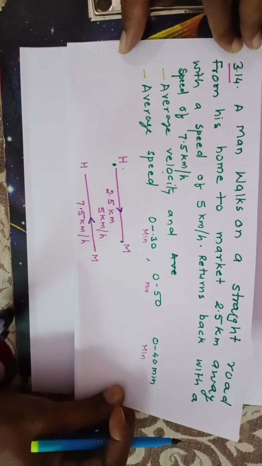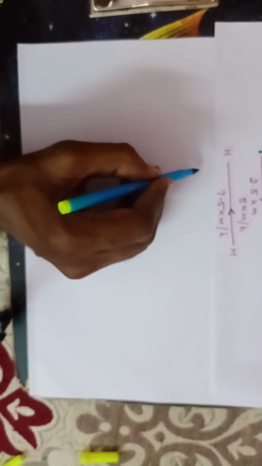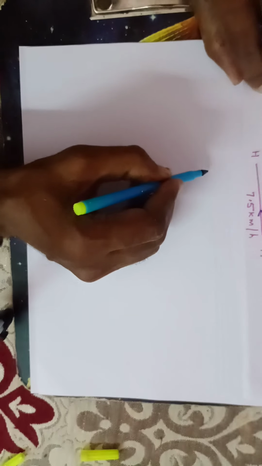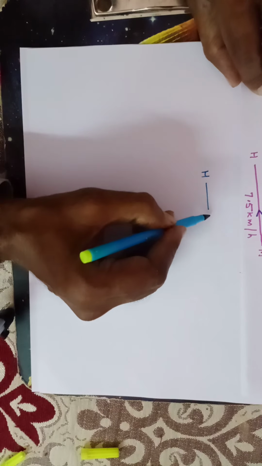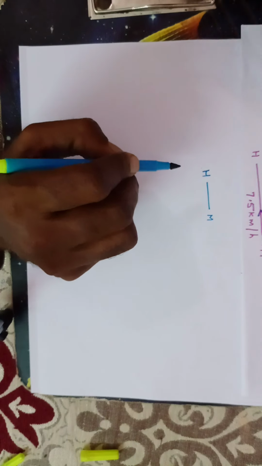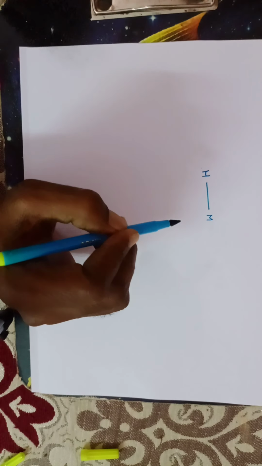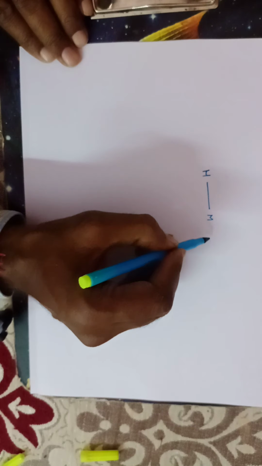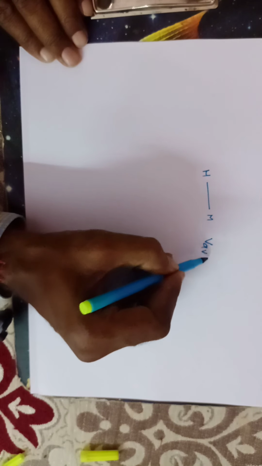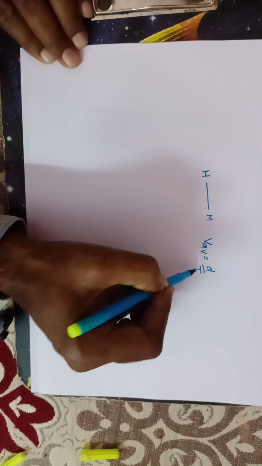So first of all, we will see the home to market condition. When he goes from home to market, what will be the average velocity? Average velocity equals distance upon time.